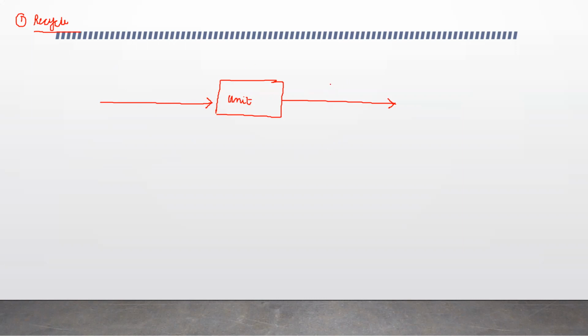So in all such cases, what we do is have a kind of separator which separates a small part of the product stream and sends it back.